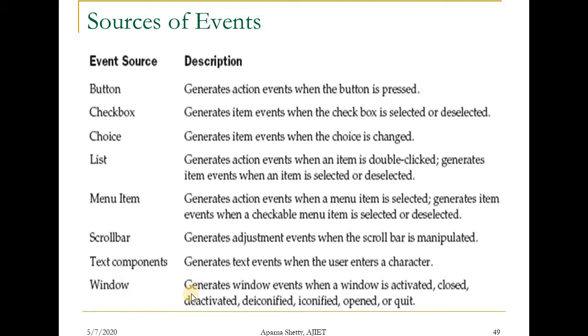Window generates window events when a window is activated, closed, deactivated, de-iconified, iconified, opened or quit. So if you make some changes to the window, a window event is generated. So these are the different sources of events: button, checkbox, choice, list, menu item, scroll bar, text components, and finally windows.